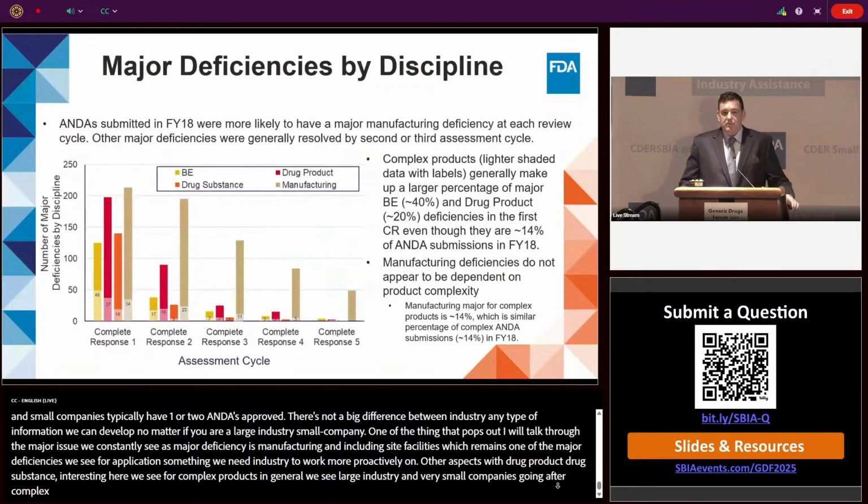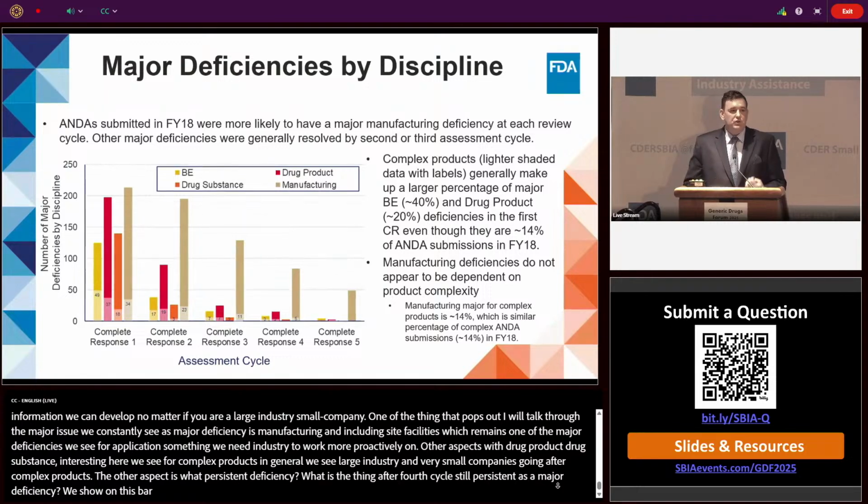So the other aspect we want to look at is, what's a persistent deficiency? What I showed you on the last slide is, after the first cycle, what are the big deficiencies we see? What is the thing that after a second, third, fourth cycle is still persistent as a major deficiency? I think we'll show on this bar graph here, as you can see on the left-hand side, complete response 1, it's that general distribution: BE, drug product, deficiencies overall, manufacturing.